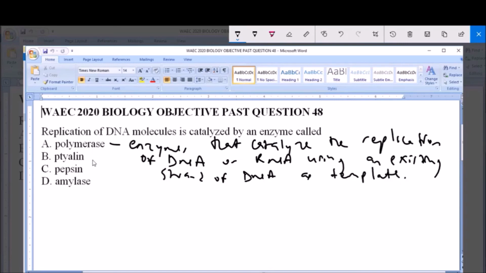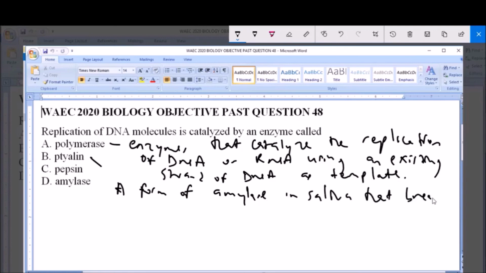So that is polymerase. Now option B, which is ptyalin, refers to a form of amylase found in saliva that breaks down starch into maltose and dextrin.